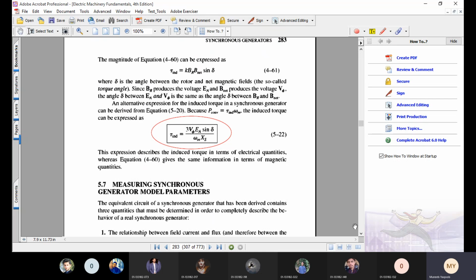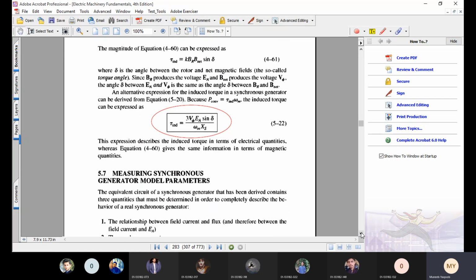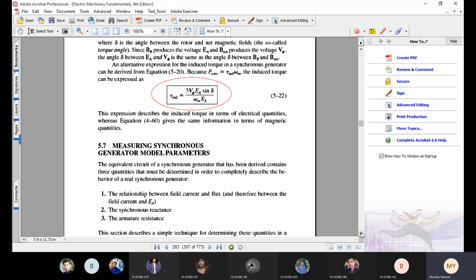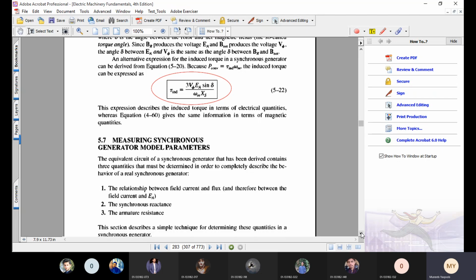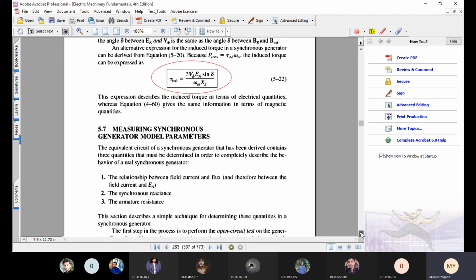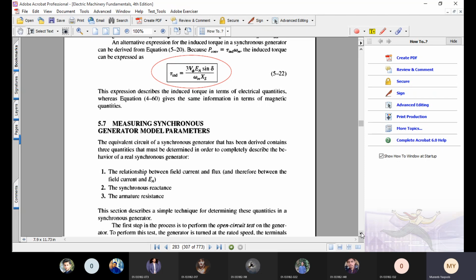Now coming to the second last topic of this lecture, that is, how can we measure the performance parameters or the equivalent model parameters of a synchronous generator. So we need to compute three parameters. Number one, the internally generated voltage EA. Number two, the synchronous reactance XS.